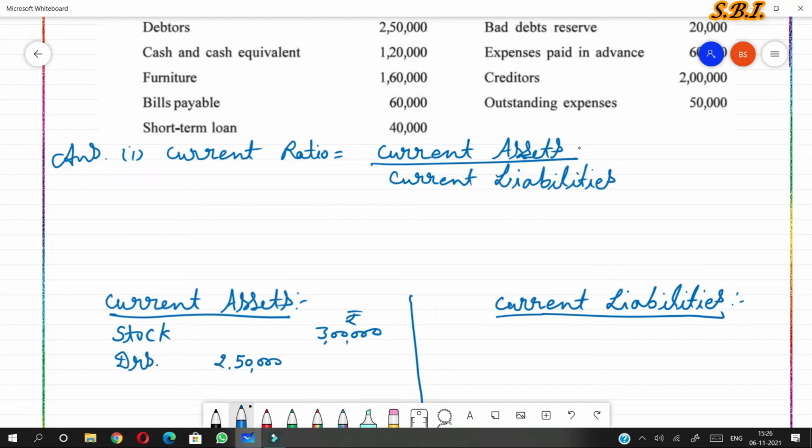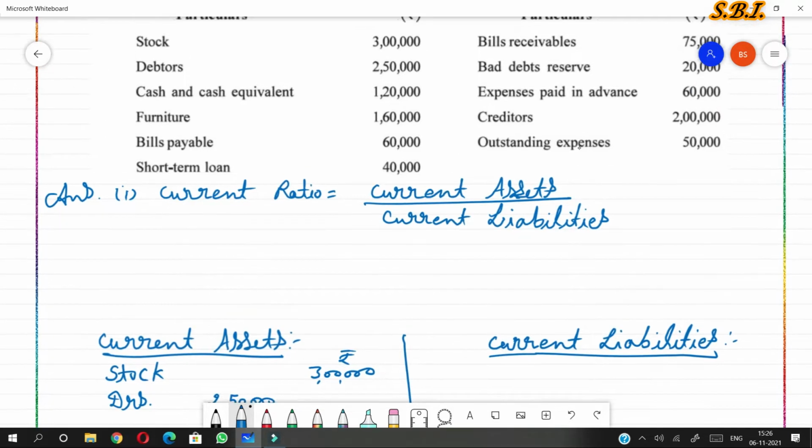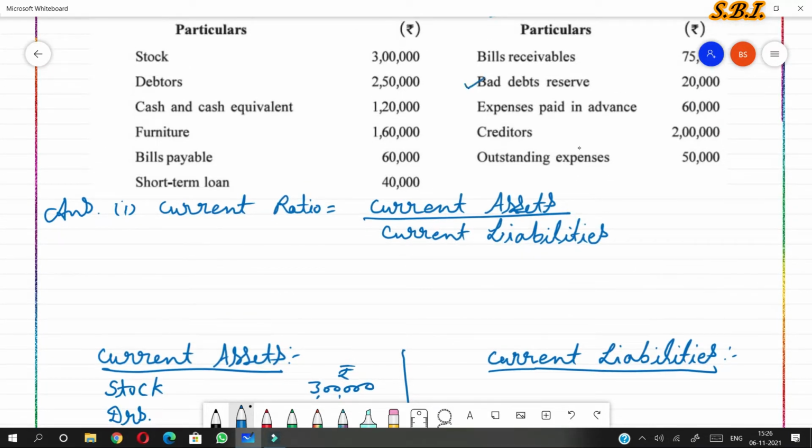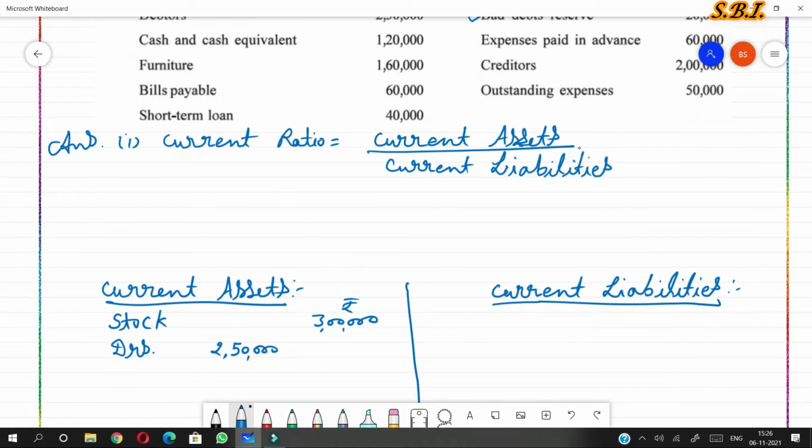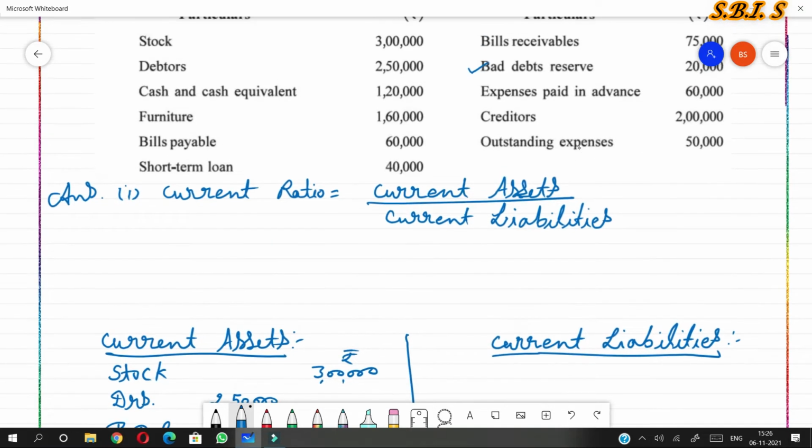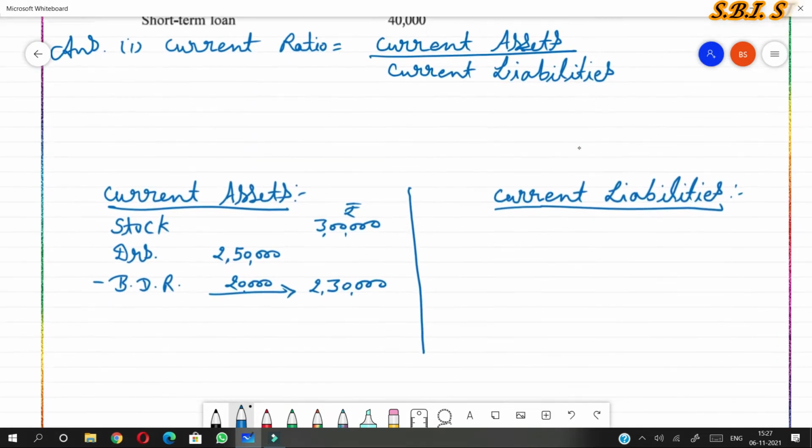We have put it inside because opposite side bad debt reserve is given, so we will deduct it from debtors, minus bad debt reserve 20,000, 2,30,000. Then cash and cash equivalent 1,20,000.